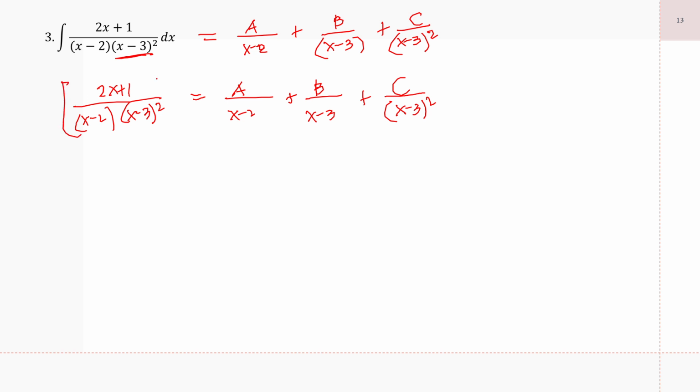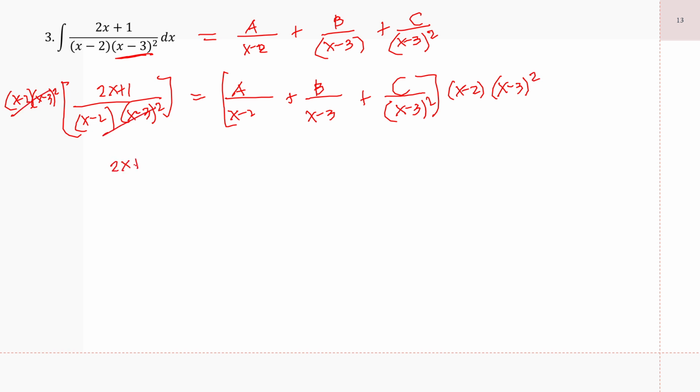Multiply all sides by x minus 2, x minus 3 quantity squared, so cancel here.